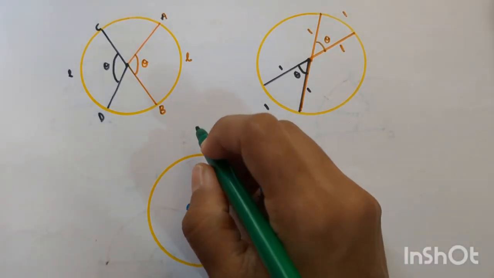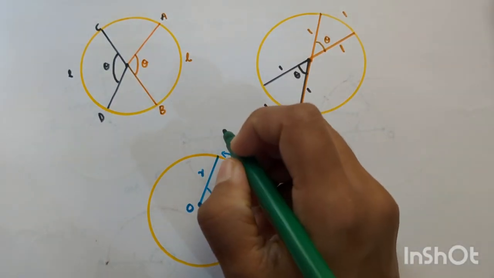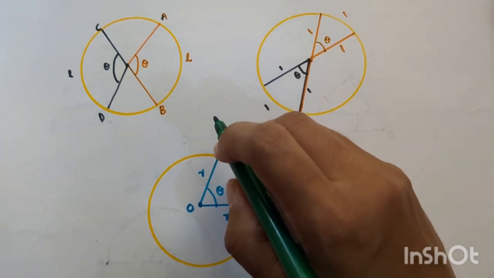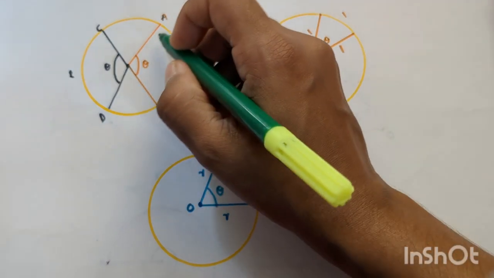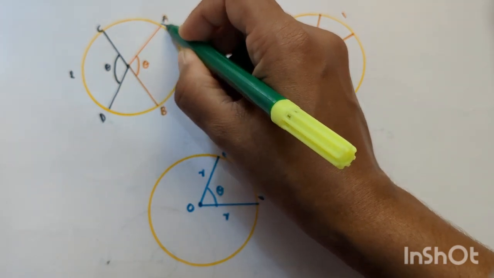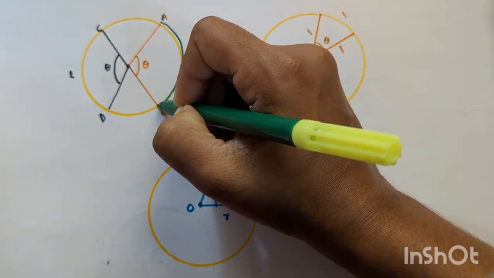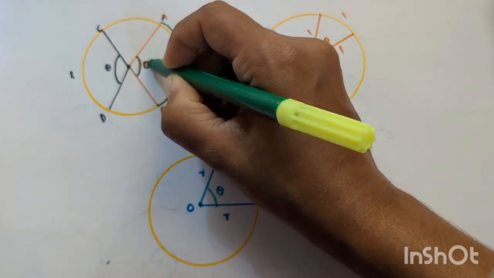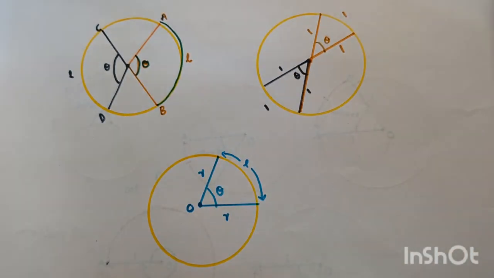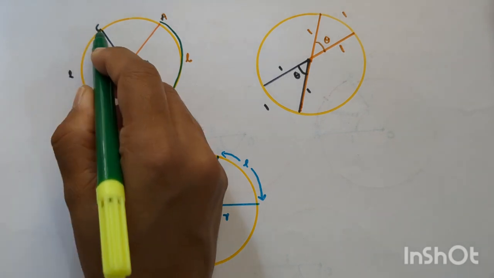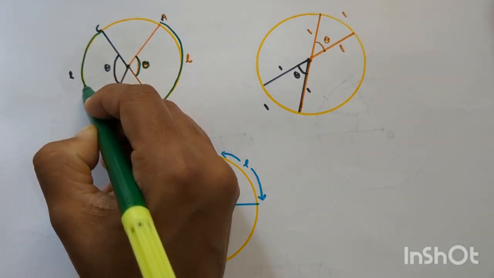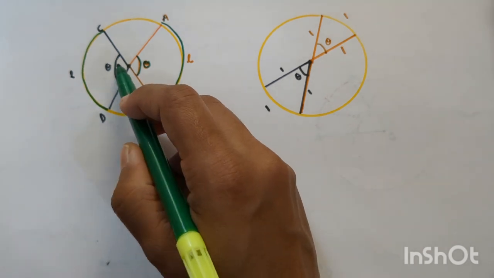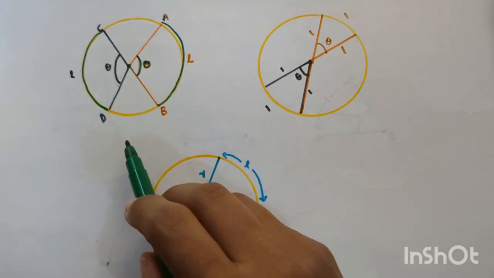Now you see, equal arcs of a circle will subtend equal angles at the center. Here we are considering an arc of length L. This subtends an angle at the center, that angle is theta. Now if you consider another arc of the same length L, that arc also will subtend an angle at the center, equal to theta.